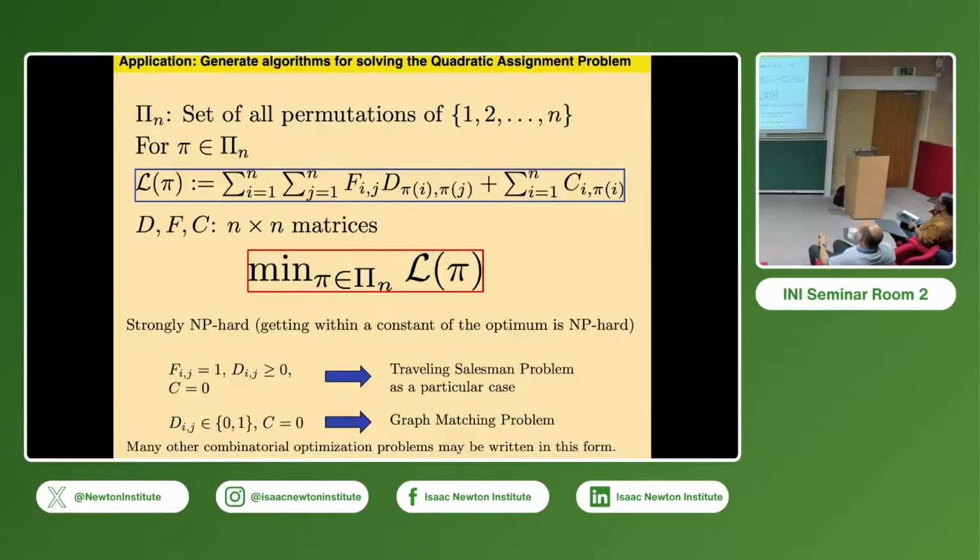This is a strongly NP-hard problem, meaning that getting within a constant of the optimum is also NP-hard. In fact, if you have played with this problem, you will see that for n equals 20, it's already super hard. It contains the traveling salesman problem as a particular easier case, and it also contains the graph matching problem as a particular case. Many other combinatorial optimization problems may be written in this form.